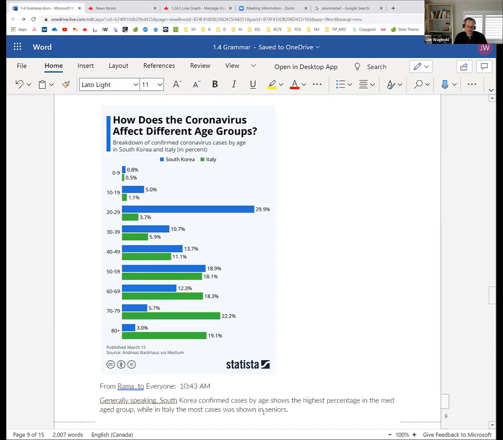Really, most cases was shown in seniors. Okay.